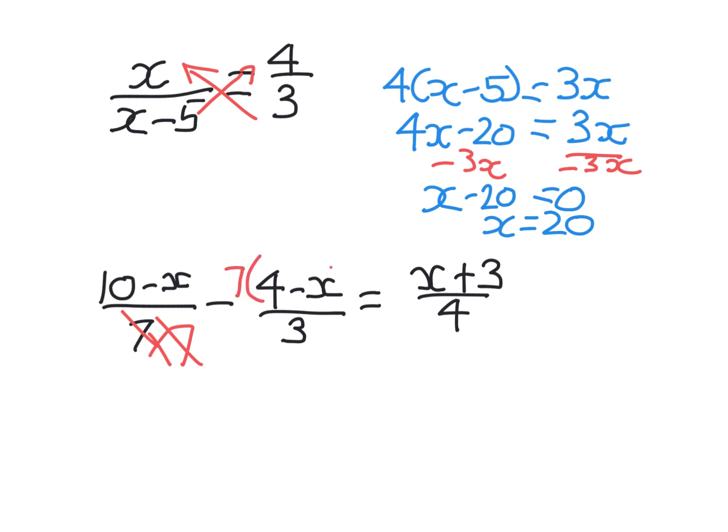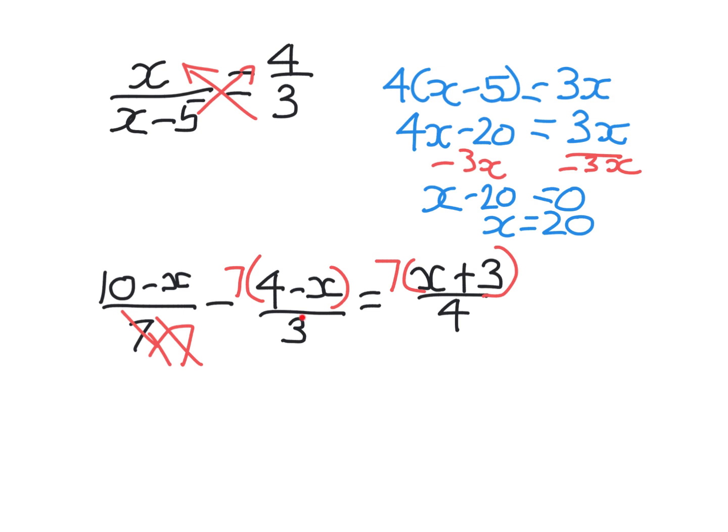So I'm going to multiply that by 7. When you multiply a fraction by a whole number, you just multiply the top by the whole number. So I multiplied this side by 7, so I must also multiply this side by 7. Again, multiplying a fraction by a whole number, only multiply the top by the whole number.